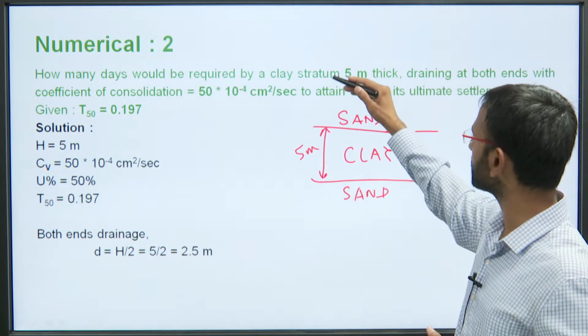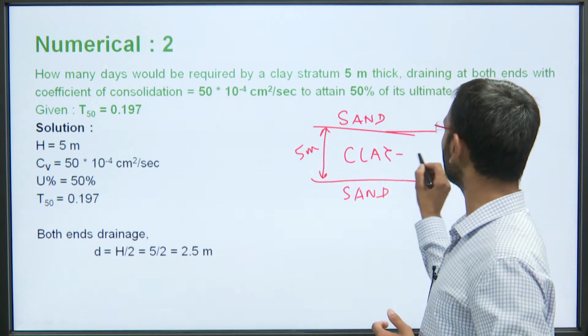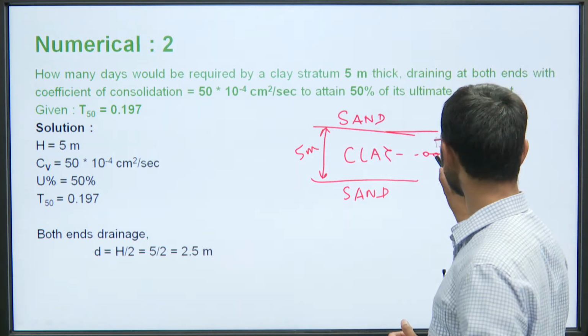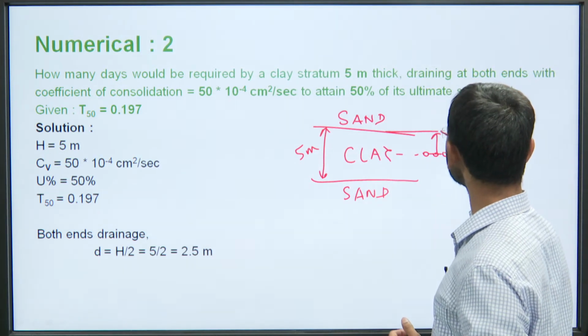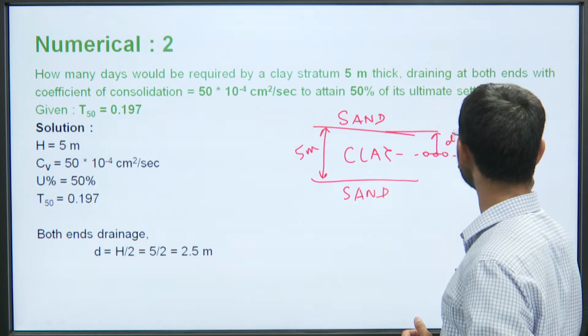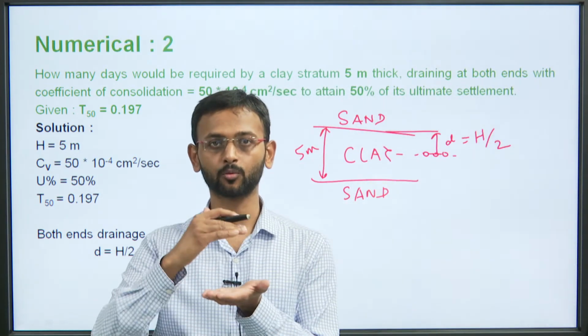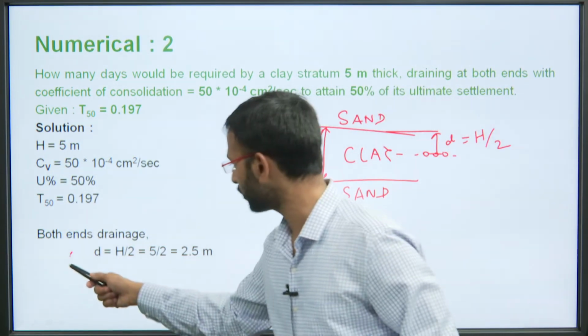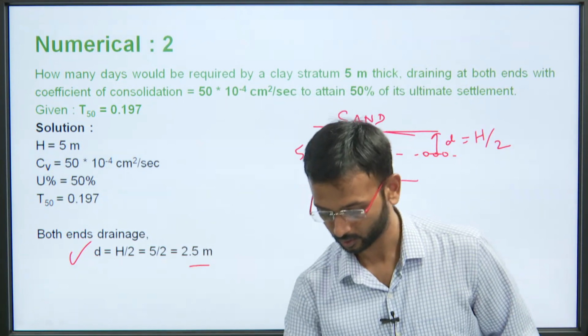So water is draining from this end also and this end also. So the drainage length D which the water molecule has to cover can be easily written as H by 2, because the water molecule has to travel only half the distance. So D can be taken as H by 2, this comes out to be 2.5 meters.